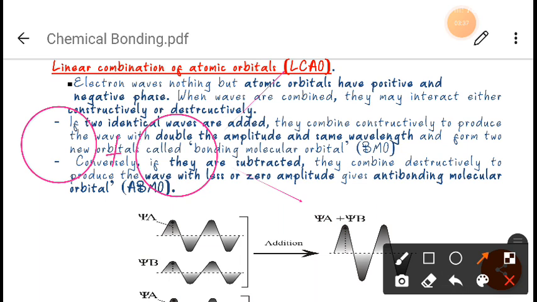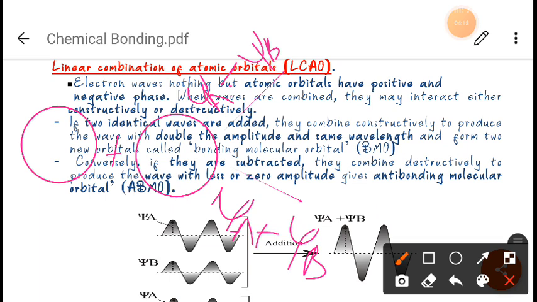In one case it will be psi A plus psi B, and in the other case we will take minus, psi A minus psi B.